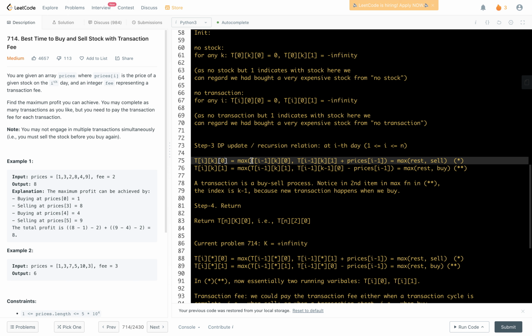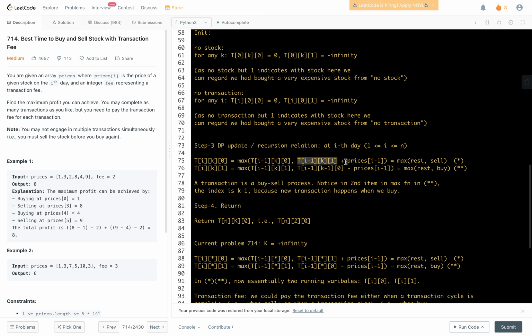So we update TIK0. In other words, the profit at the end of I state without holding stock. This can have 2 possibilities. First is that at the end of the I-1 day, we do not hold stock, right? So we can do nothing or rest at the I. That's the first item.